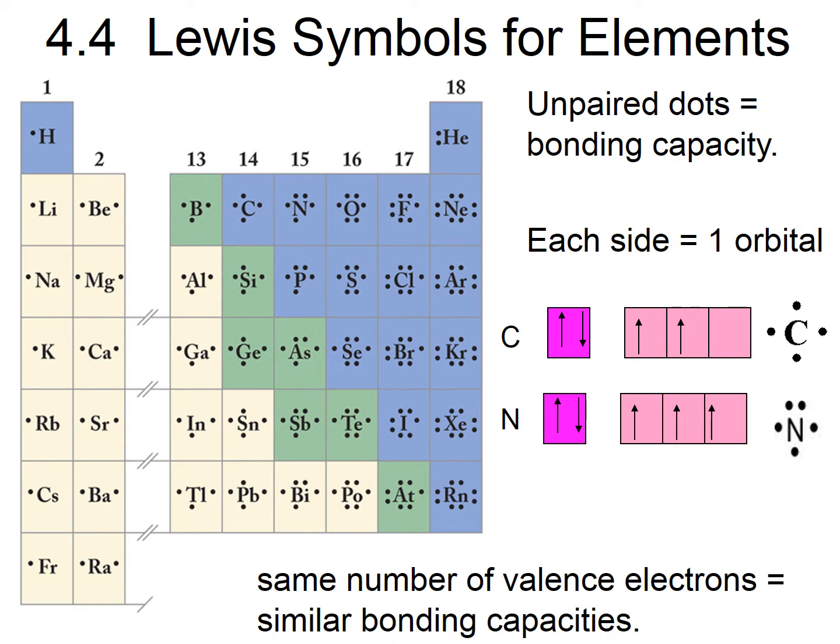So every side that has only 1 electron can be used to make a bond. And so carbon is almost always going to have 4 bonds. Nitrogen is almost always going to have 3. Now, I do want to point out that this is a very simplistic way of looking at bonding, and we're not going to stick with this for very long. So don't spend too much time looking at this picture.